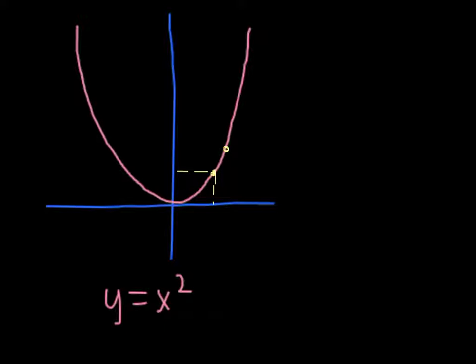So maybe like right here. And if I labeled this x-coordinate as a, then the y-coordinate would be f of a.